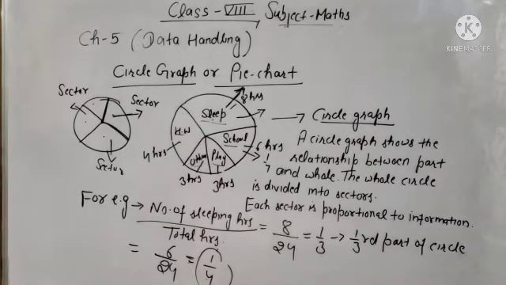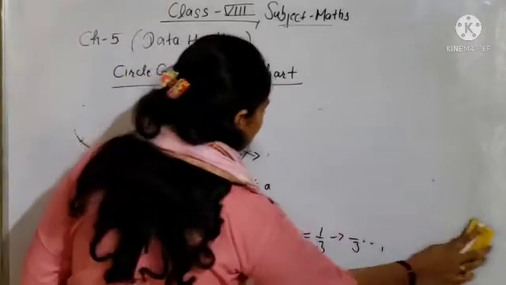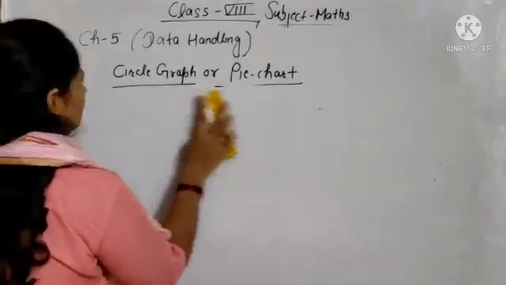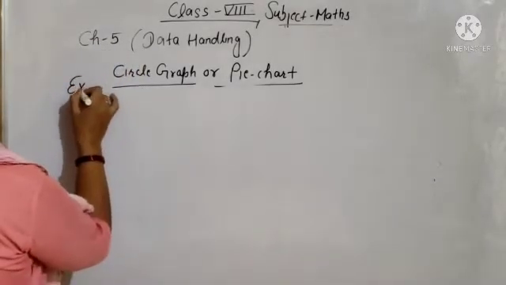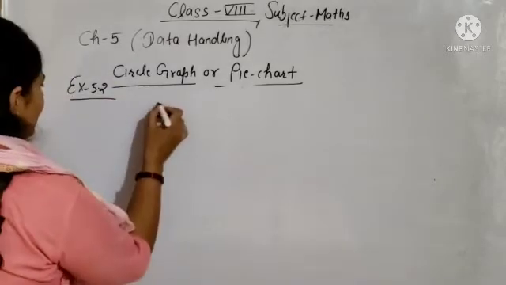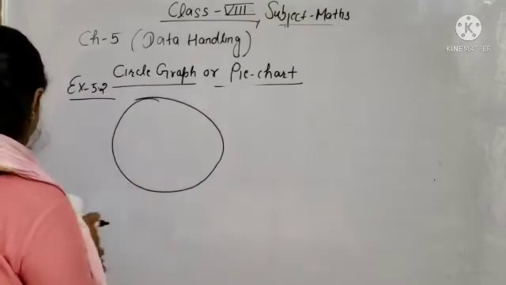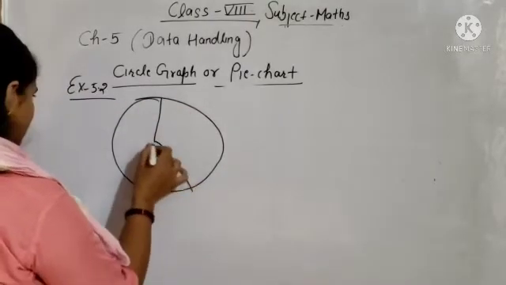A circle graph, a pie chart is given, and some information dividing it into some parts.